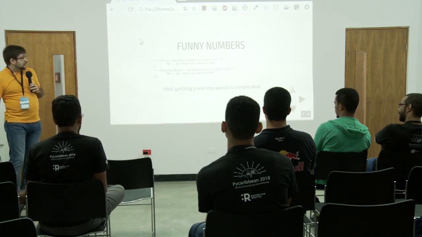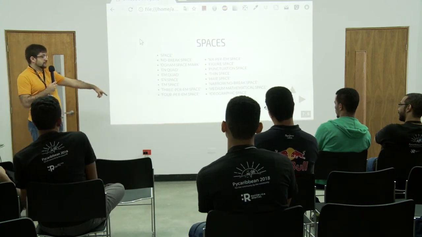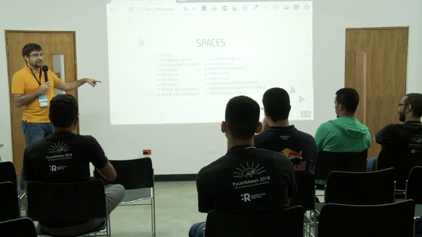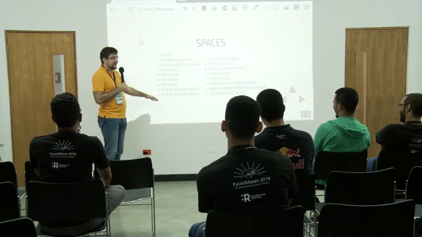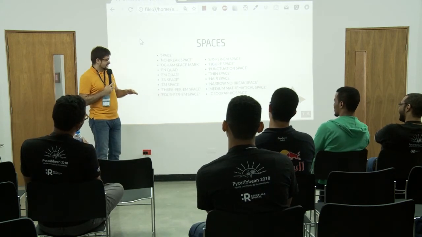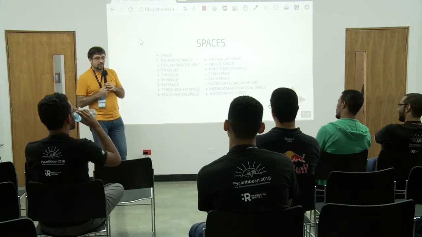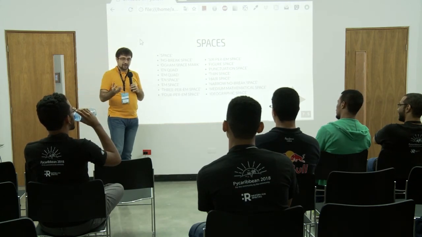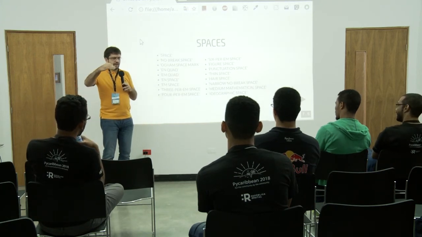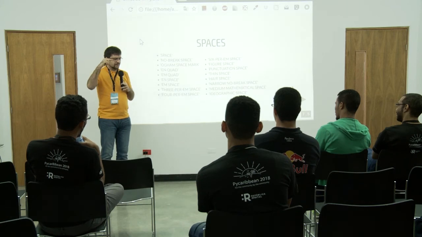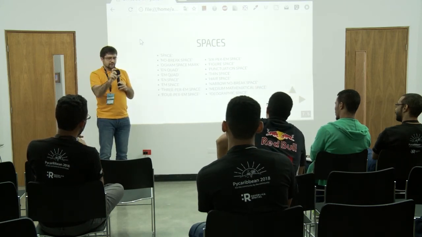So, what are spaces? This is a list of 17 spaces. I have no idea about very many of them. So sorry. Maybe the spaces are very important in text representation. There are spaces which should not allow a line break between words.